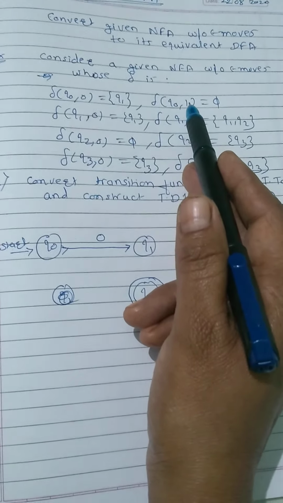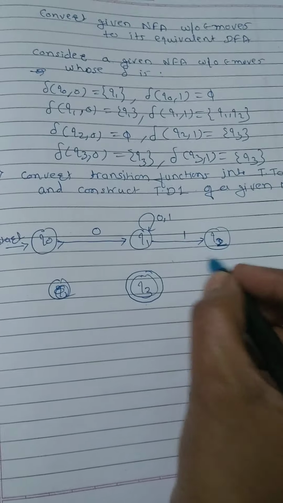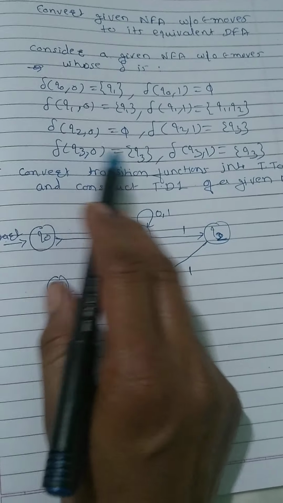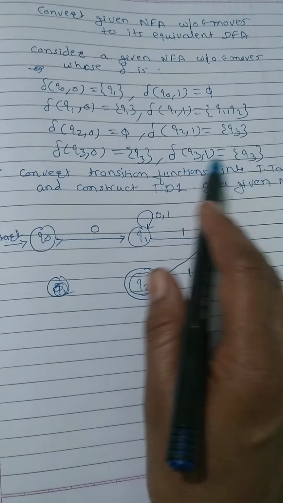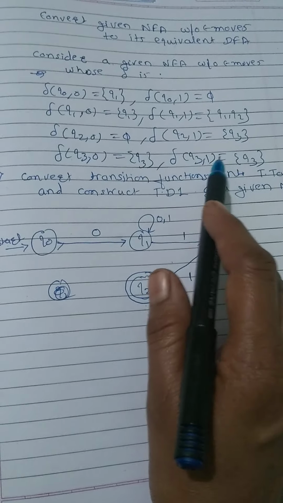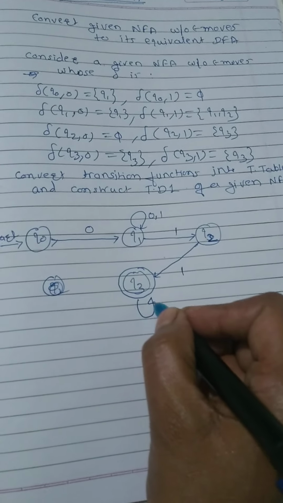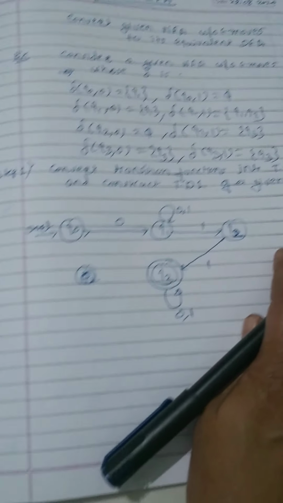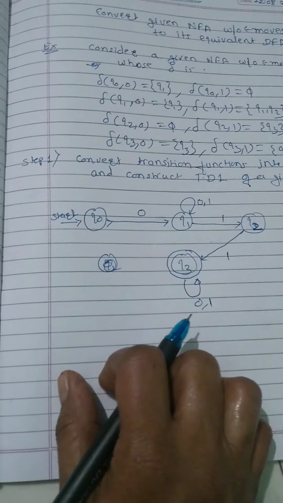Then q2 has no transition for 0. q2 to q3 for the symbol 1. q3 to q3 for 0, and q3 to q3 for 1. That means there is a self loop for 0 and 1 on the state q3. So this is the given transition diagram.